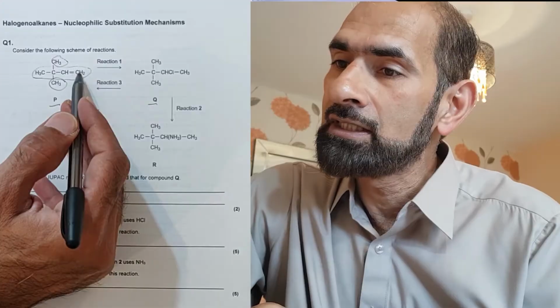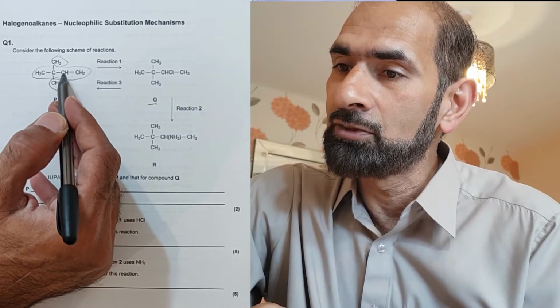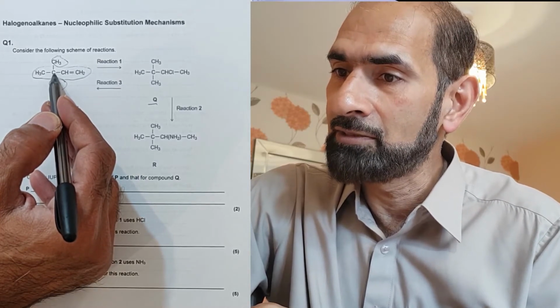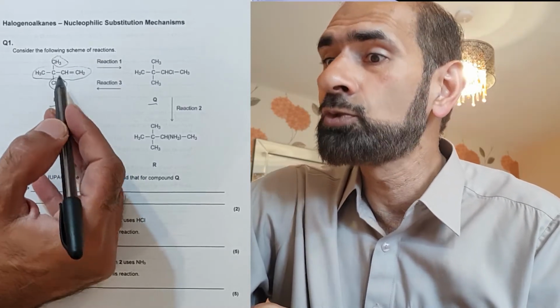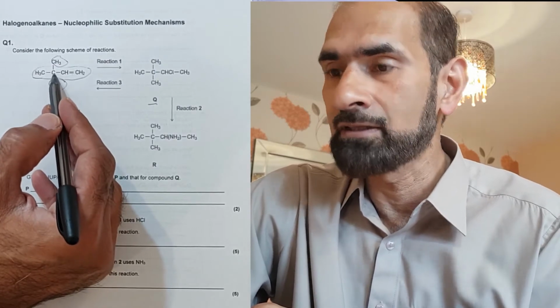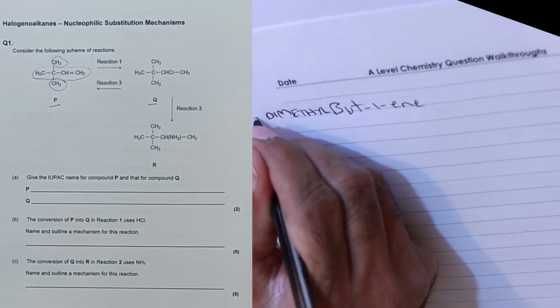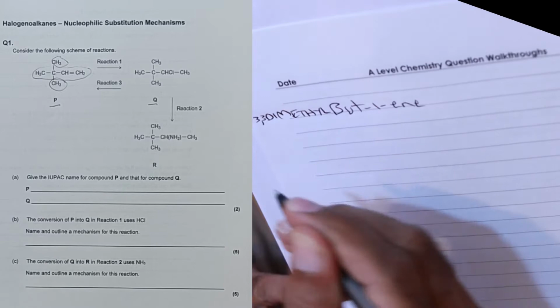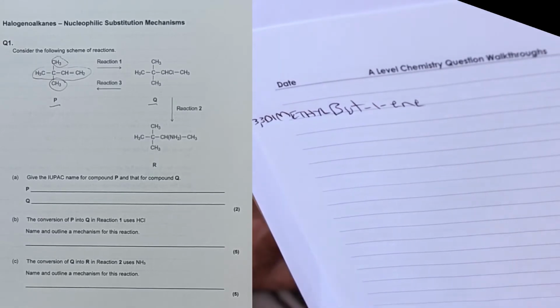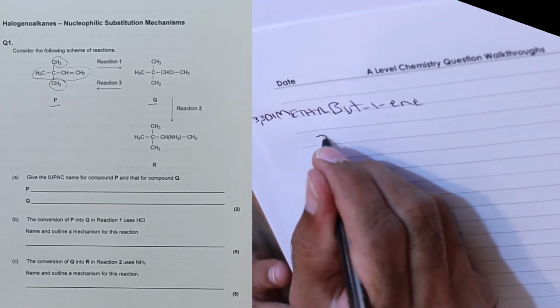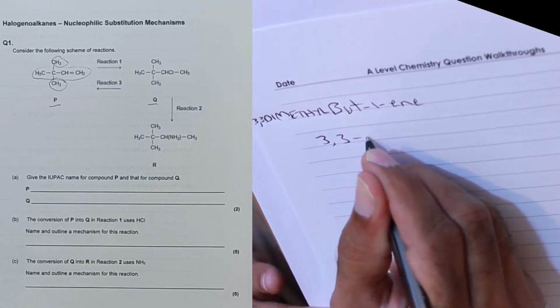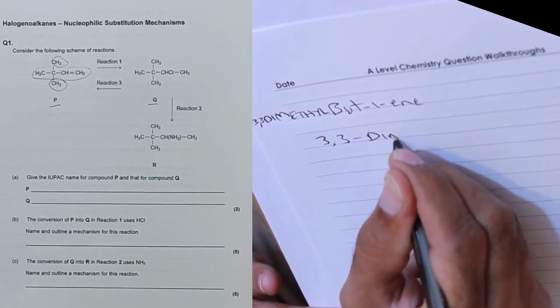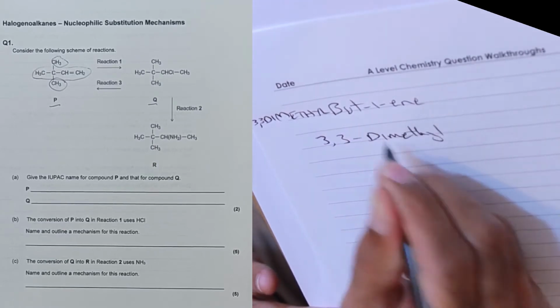So that's 1 2 3, so it's actually carbon number 3. And because there are 2 methyl groups on the same carbon, I have to put 3, 3, dimethyl. So I'm going to rewrite that so it's a little bit clearer. 3, 3, and then I'll say a little bit about numbering.